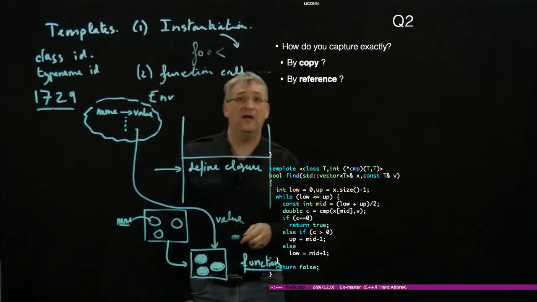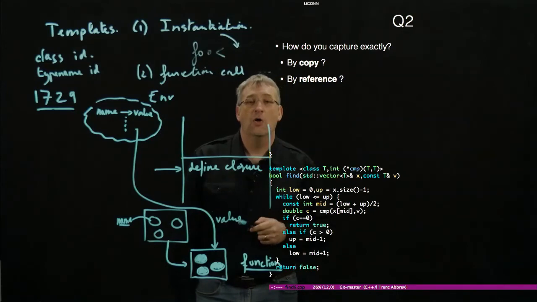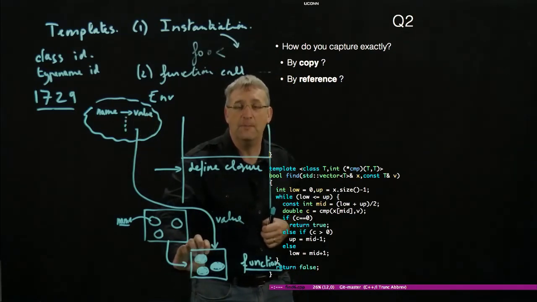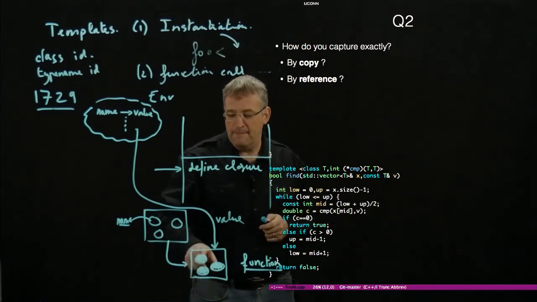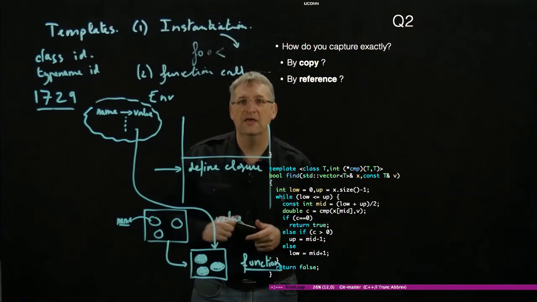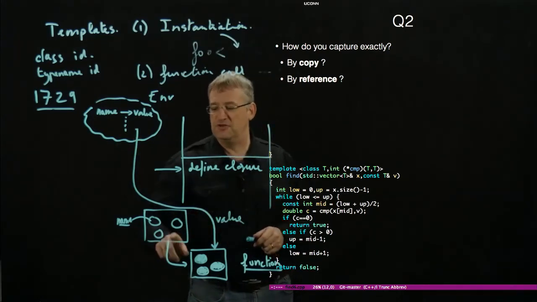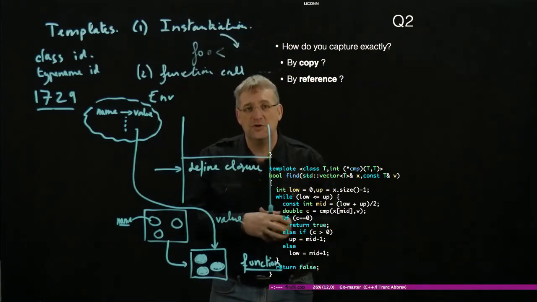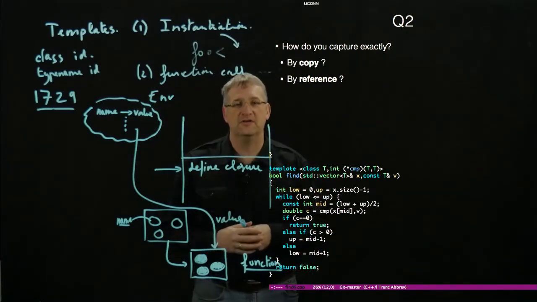So the second one is, when we capture, what do we capture? Do we make a copy of what's there and plug with a copy? Or do we actually make these things refer back to the environment, so that if the environment gets modified, the closure gets to see the modified version? In C++, with destructive assignments, we have to worry about that concept.